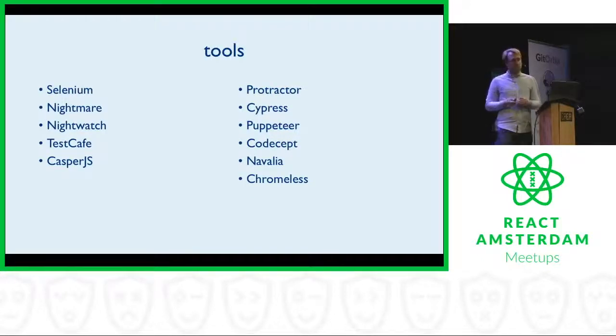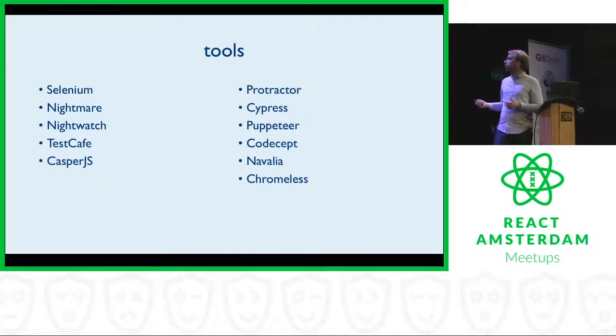When you look at tools to do these kinds of tests, there are really a lot of them. I have listed here a couple off the top of my head, but there are even more. Probably the most popular and the oldest one is Selenium, or WebDriver, which has been here the longest, but people are not really happy with Selenium, so they're creating their own frameworks around testing, with all of their ups and downs and good and bad use cases.